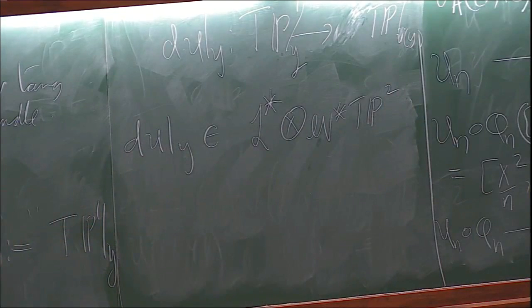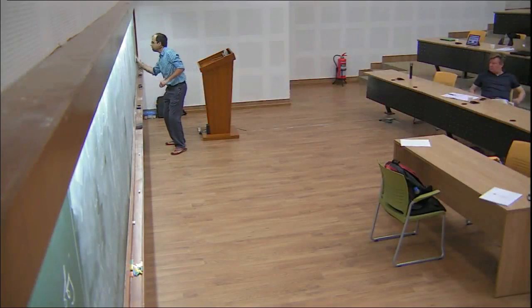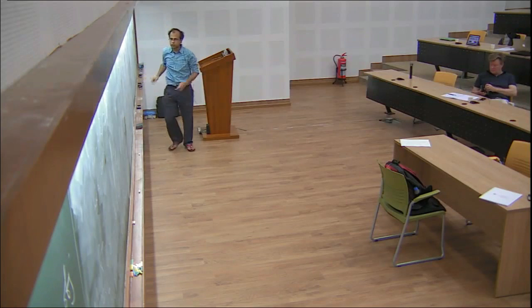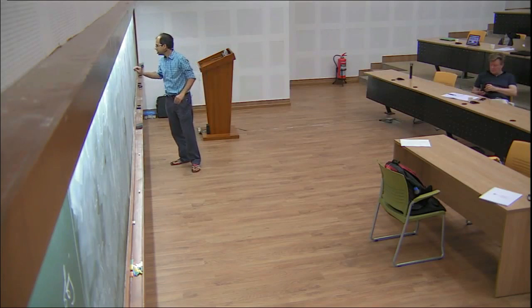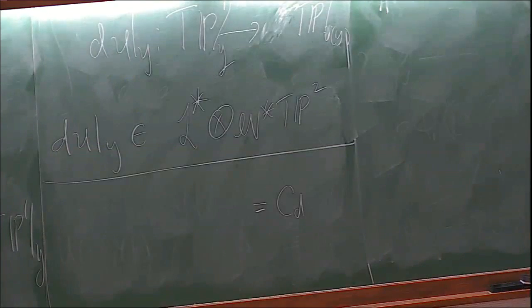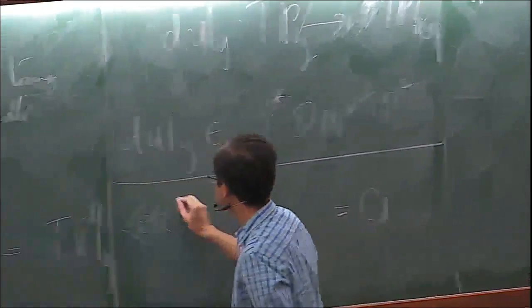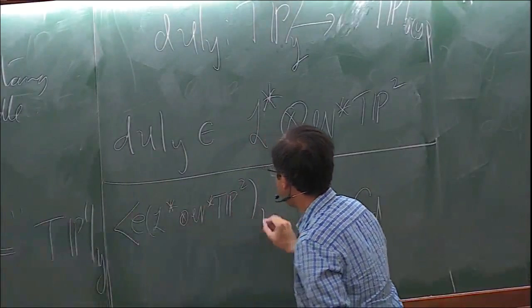It's not hard to show that on this open part it is transverse. So if I were doing wishful thinking, what I would hope for is that this number that I have, C_d, is the Euler class of this bundle evaluated on M bar.